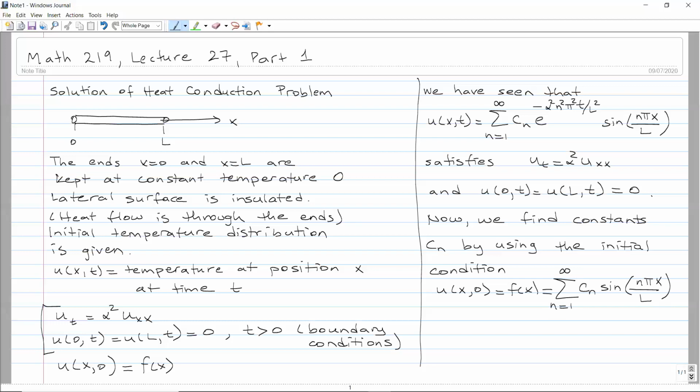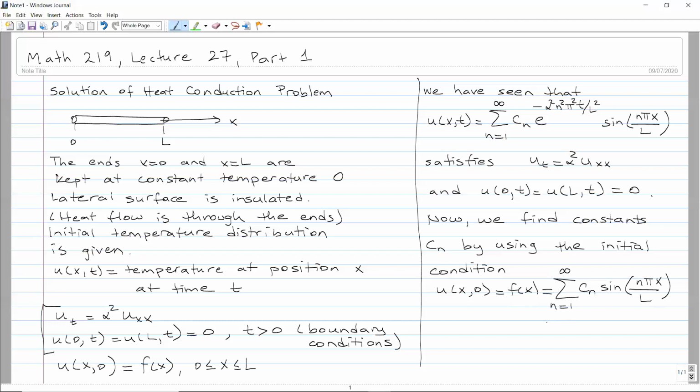So we get, let me say that initially this function is defined for x between 0 and L. So we need to write this given function, the initial temperature distribution function f, as this infinite sum. And we have seen how to do that.